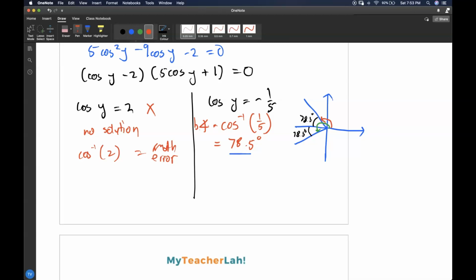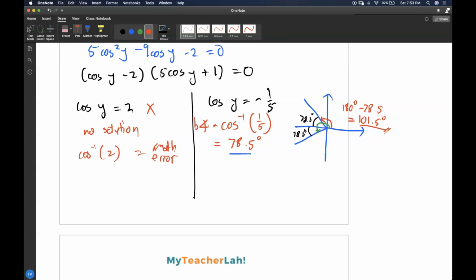So for the red one, it's quite easy to find. Okay, so this is 180 degrees minus 78.5. So this would give me about 101.5 degrees. Okay, hope I didn't make that mistake. Right, yep, correct.